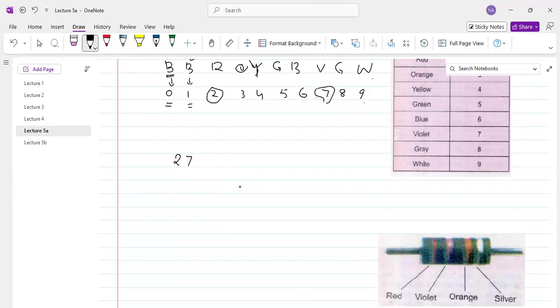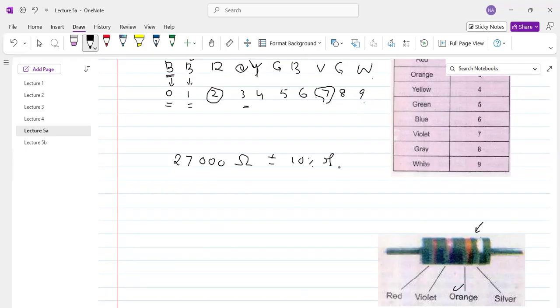The third band gives the number of zeros. It is an orange band, and the value of orange is 3. So the value of resistance is 27,000 ohm. The fourth band, in the present case, is a silver band, and silver represents plus minus 10%.